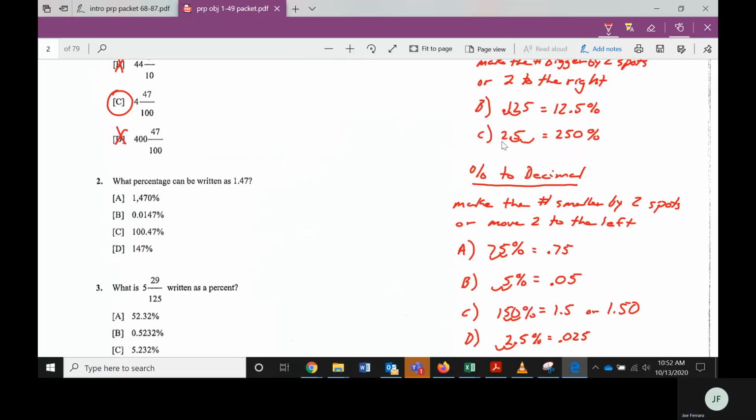It's the problem up here, decimal to percent. So we just find the decimal, 1, 2, comes over after the 7. We made it bigger by 2 spots, and here's the answer.